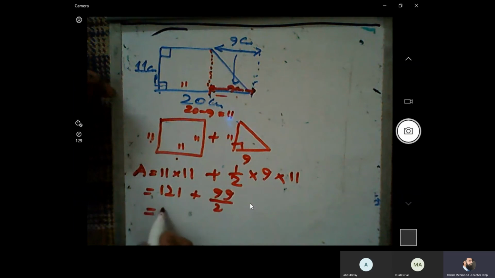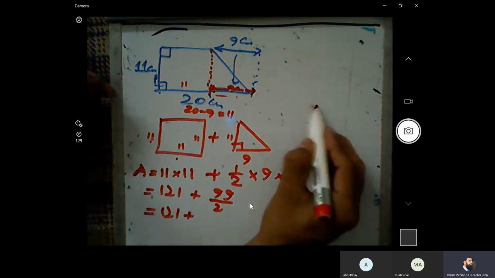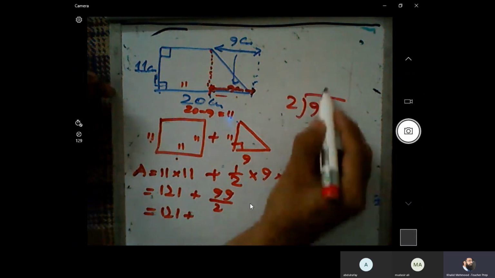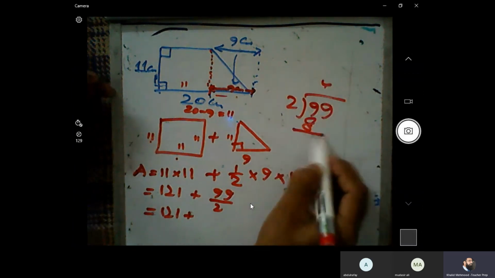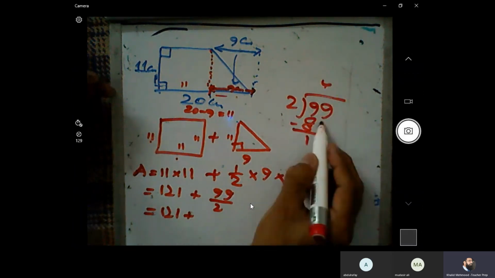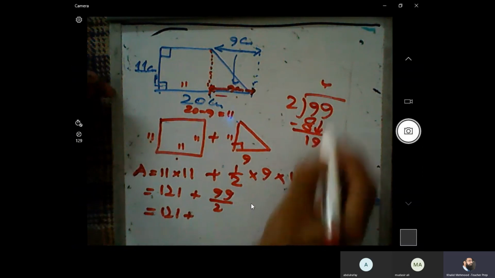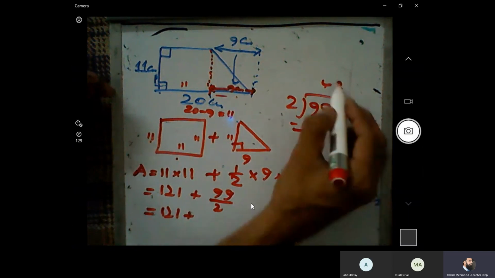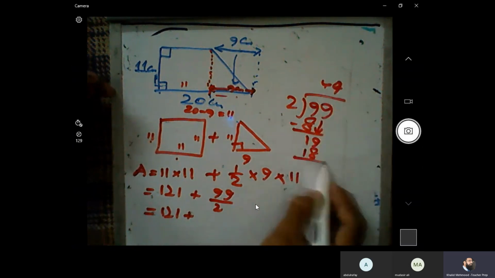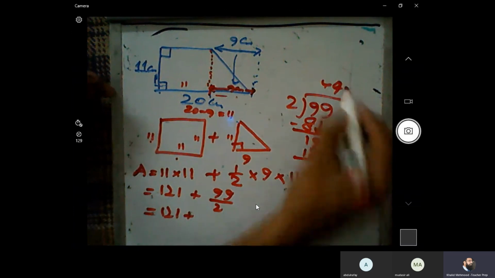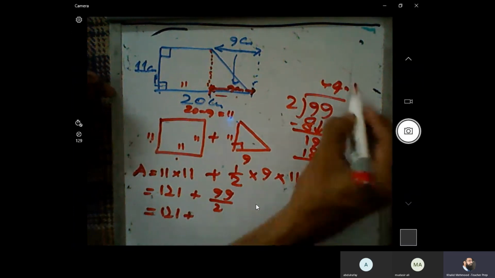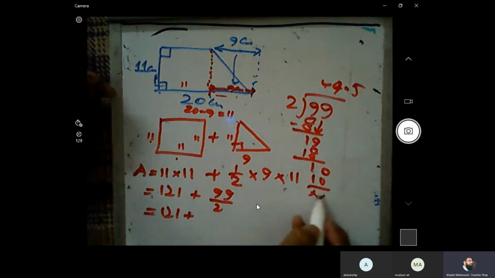Now we divide 99 by 2, which gives 49.5.